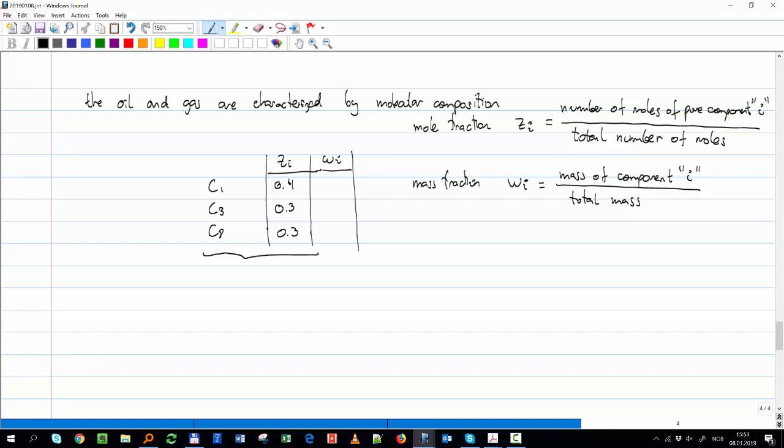So what's the conversion between the two of them, mass fraction and mole fraction, if you remember? We have something that we call a molecular weight.